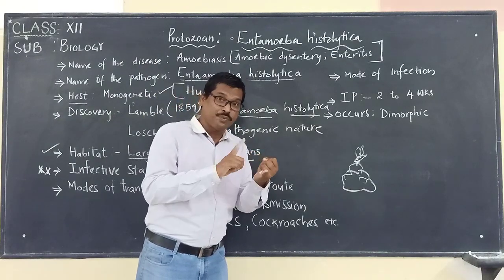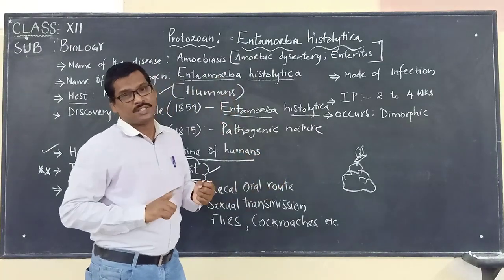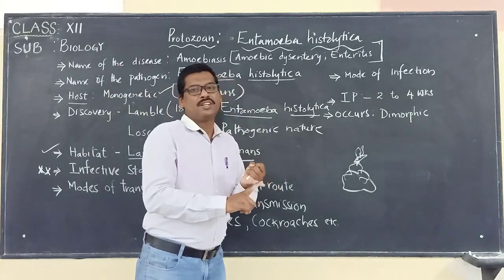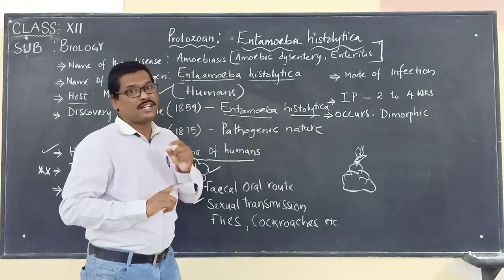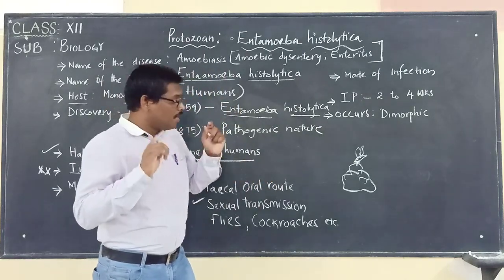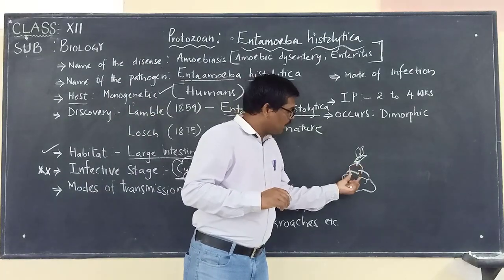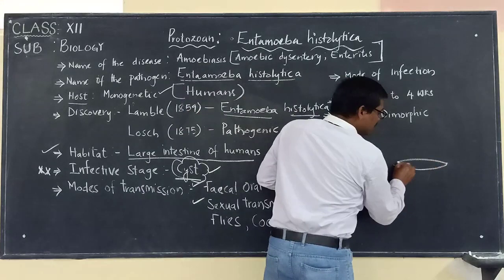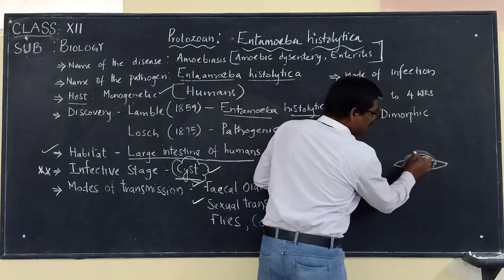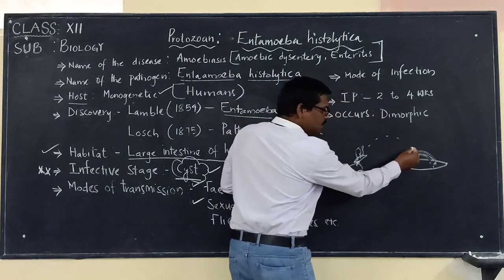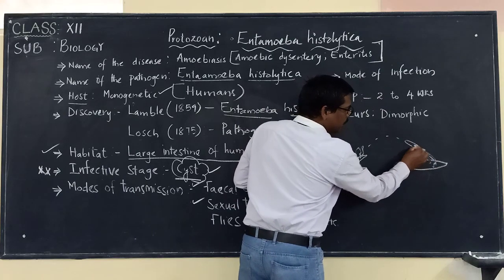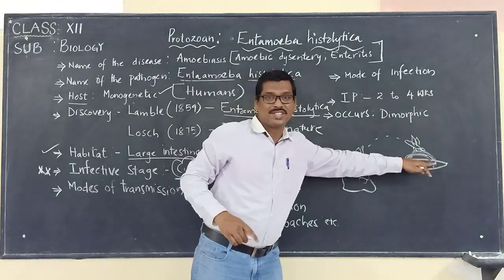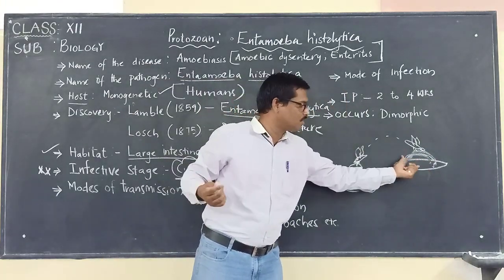Keep that in mind, simply. Now, once the insect visits the fecal matter, and then visits the freshly prepared food, it will deposit the infective stage of Entamoeba histolytica, called the cyst, on the food.